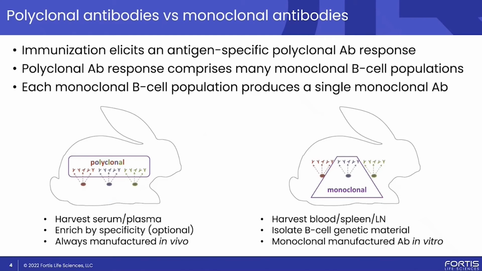And so in the case that you're trying to isolate and manufacture monoclonals, you're harvesting either the cells in the blood, or you're harvesting immune organs such as the spleen or lymph nodes. And then you isolate B cell genetic material from those B cells. And that genetic material is what's used to manufacture the monoclonal antibody, and that happens in vitro.